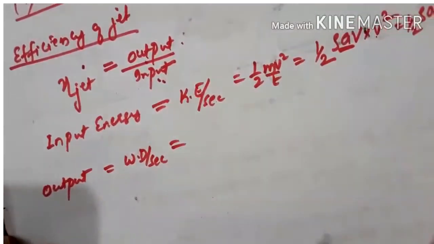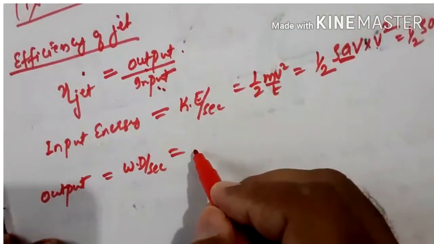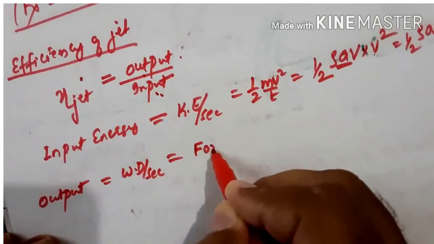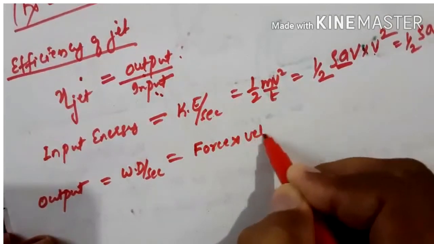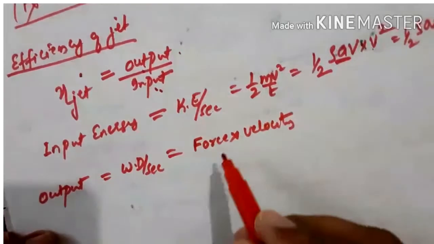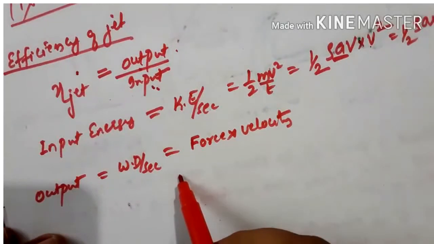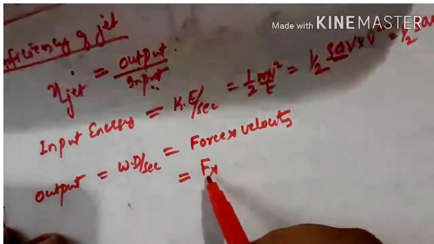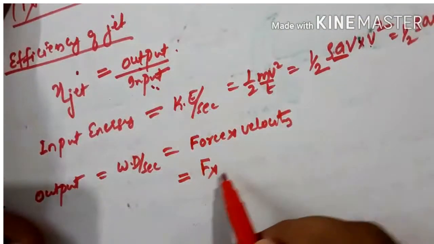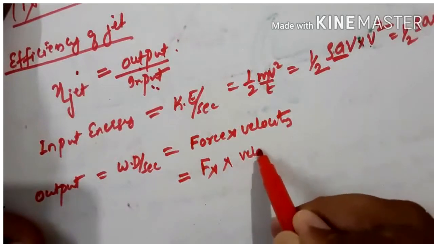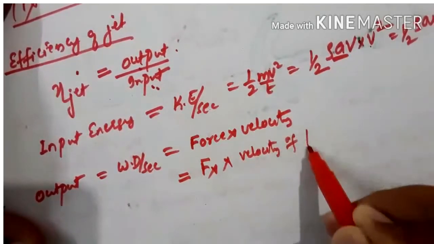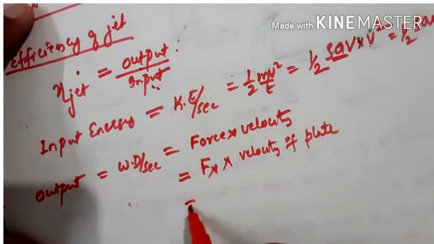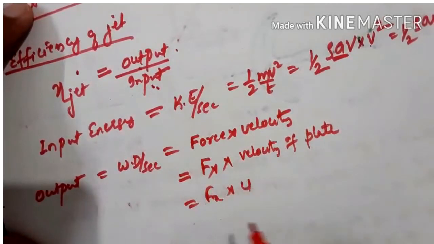work done per second is to be taken as force into velocity. This we have derived. So force, that is the force in x direction exerted by the jet in x direction, into velocity of the plate, that is Fx into u.